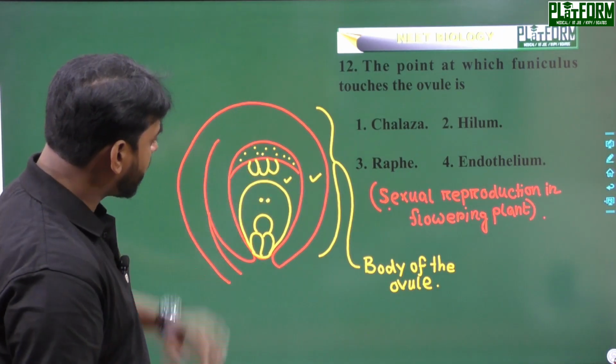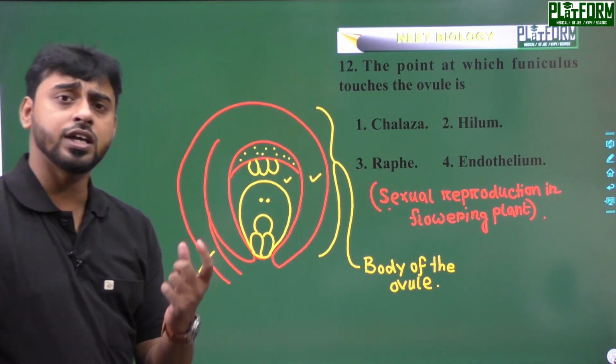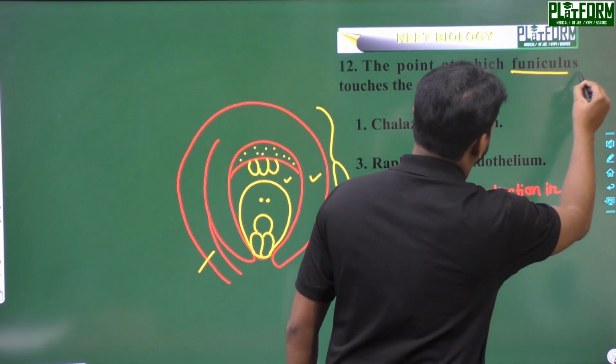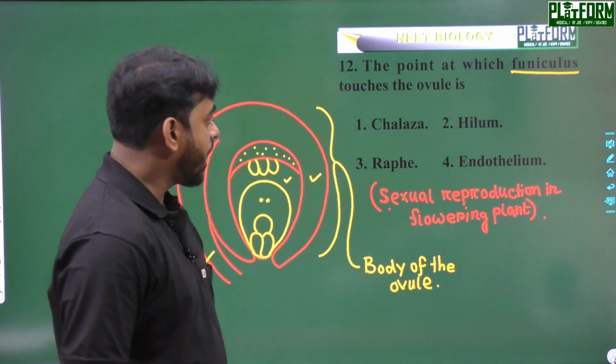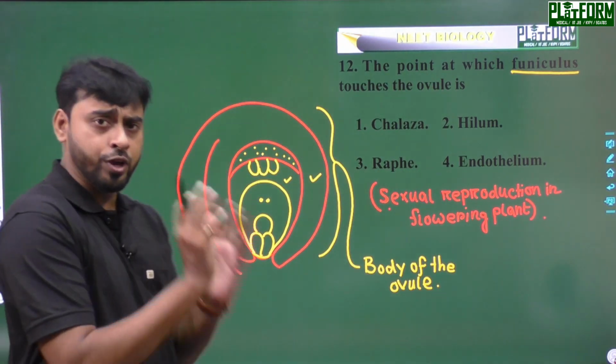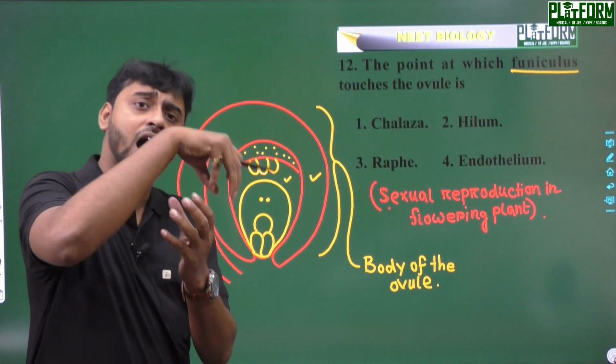Now, the body of the ovule and this particular structure, the stalk of the ovule, is known as the funicle. Now, what will happen is that the funicle, as the ovule is present over here, is curved.